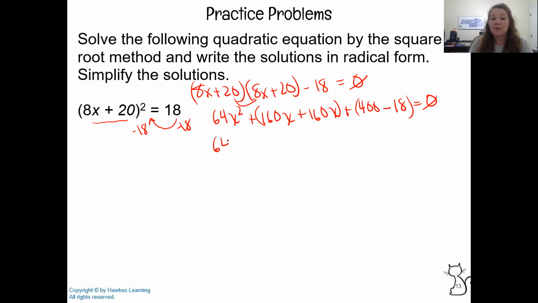So we have 64x plus, what would that be, 320x, plus 400 minus 18 is 382, equals 0. I know I could divide all of those numbers by 2 at least.